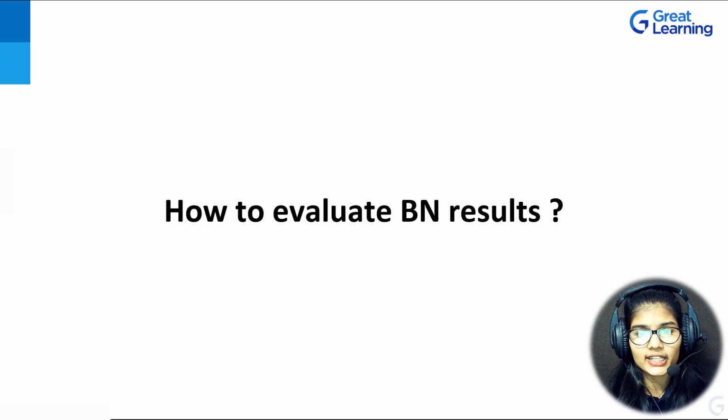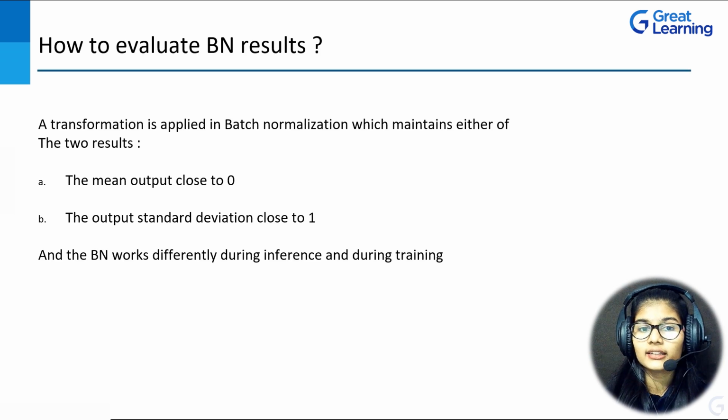How to evaluate the BN results? As soon as you apply a transformation in the BN, it maintains two results. The first one is that the mean output will be close to 0. Second, the output standard deviation will be close to 1.